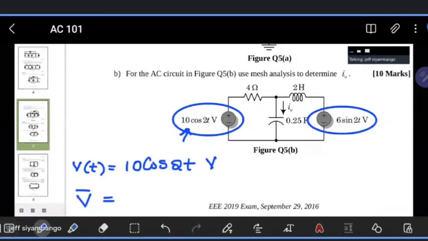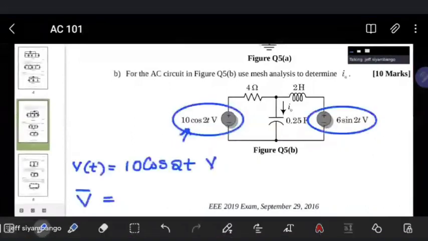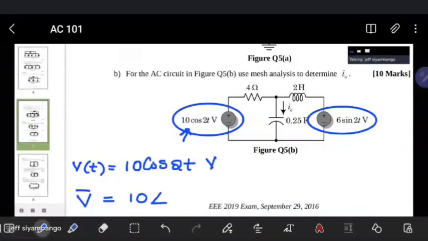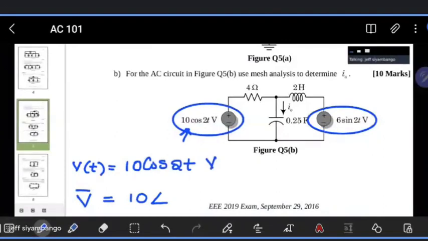Can you try this? Anyone to try it? The angle is what he's not sure of.